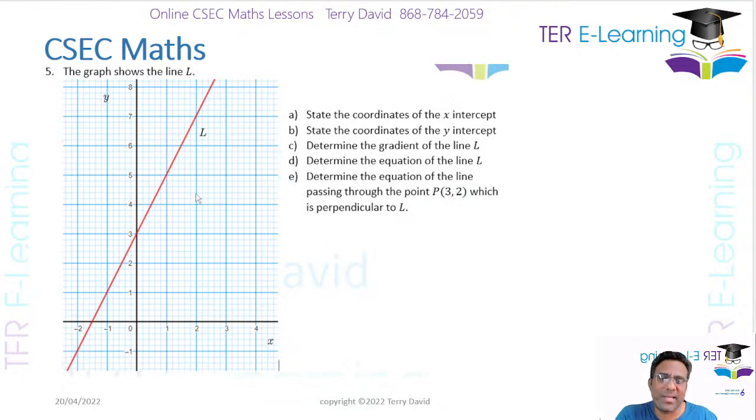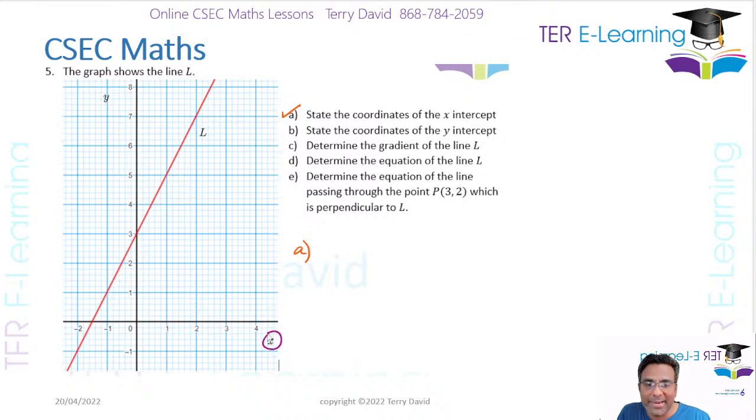Right, so this is another way we can be asked a question as well, right? So we have a line L that is shown here, and the first part of the question, they said state the coordinates of the X intercept. Whenever they ask you for the coordinates of the X intercept, that simply means where does this graph cut my X axis.